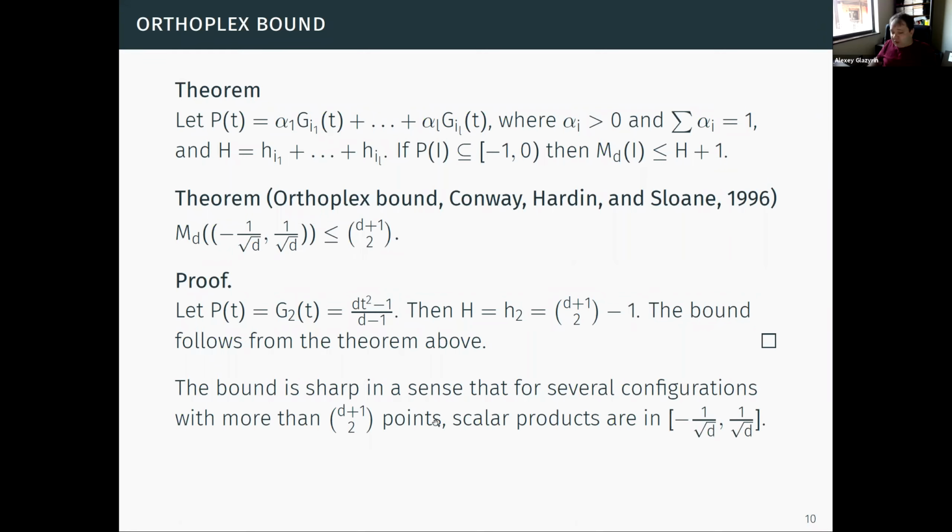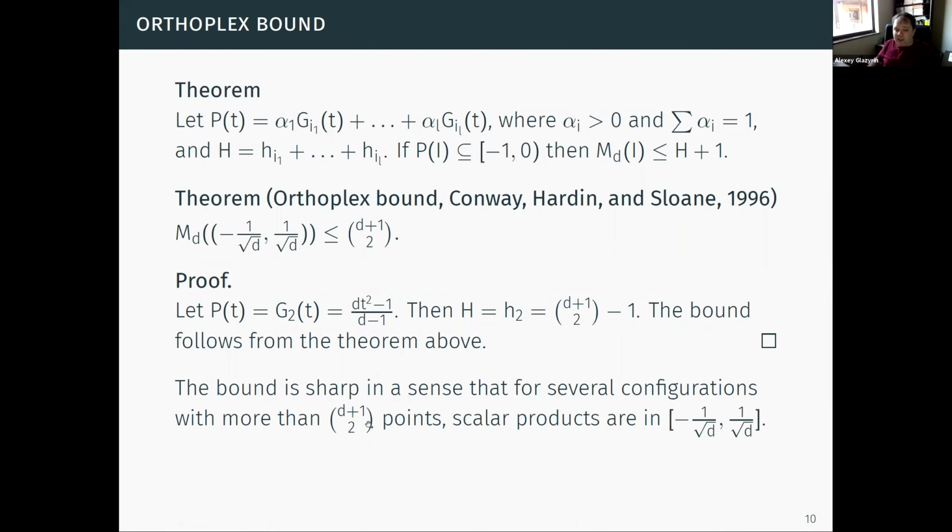The bound is sharp in the sense that if you have more points, then scalar products may be in the closed interval from -1 over square root of d to 1 over square root of d. So there are a bunch of known configurations that satisfy this condition where the interval is closed. Okay, so these are two well-known bounds that you can get using our approach.